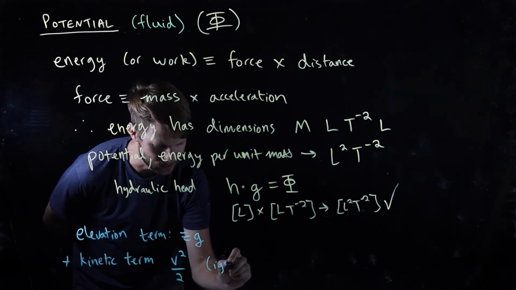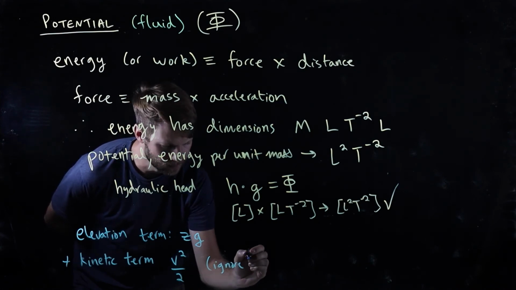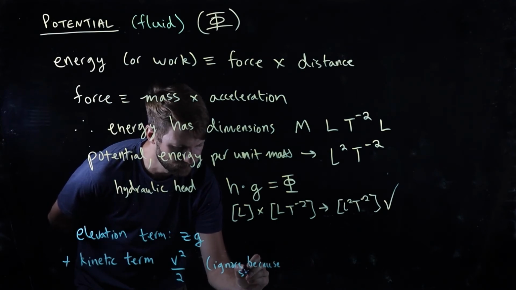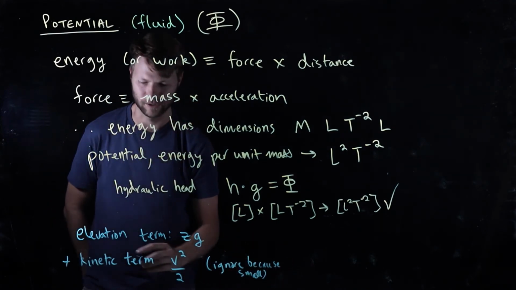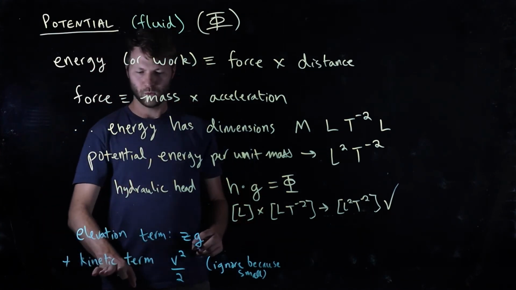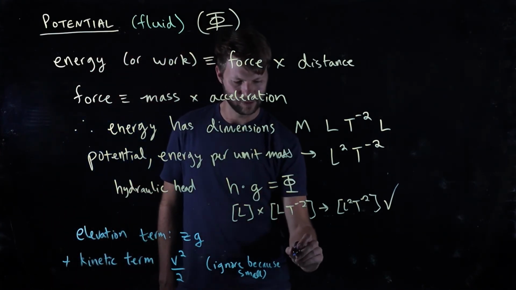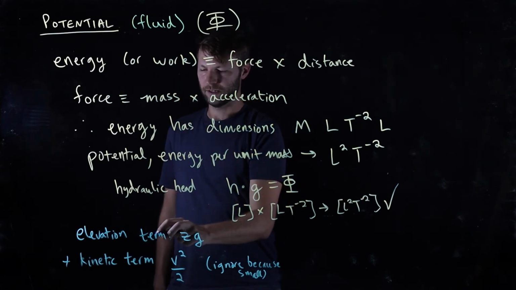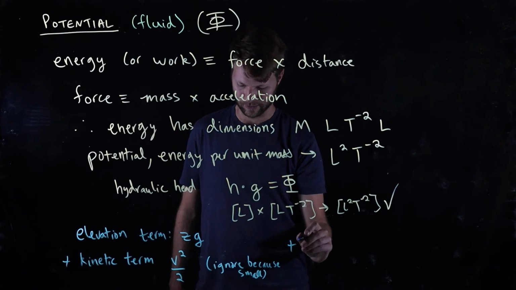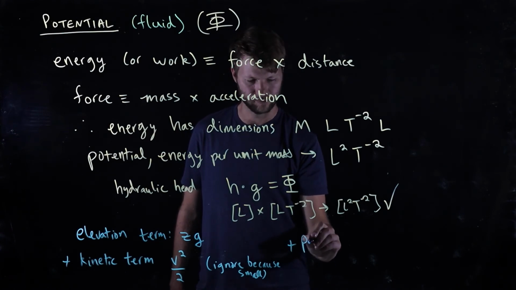Again, we're going to typically ignore this because it's so small in the subsurface because stuff is moving so slowly. And then there's one other term here that we need to include. So this is part of the potential, this is part of the potential, and then in hydrology we're also going to include a pressure term.